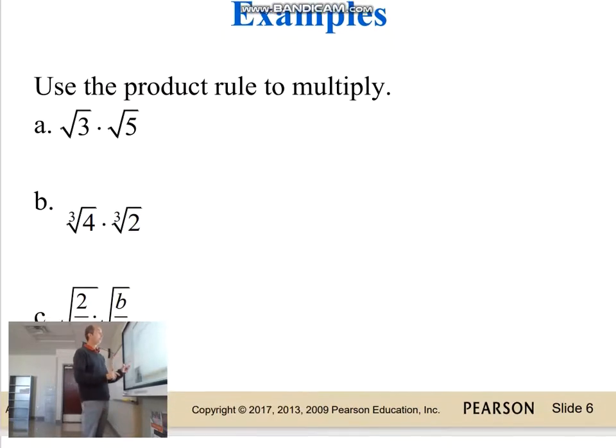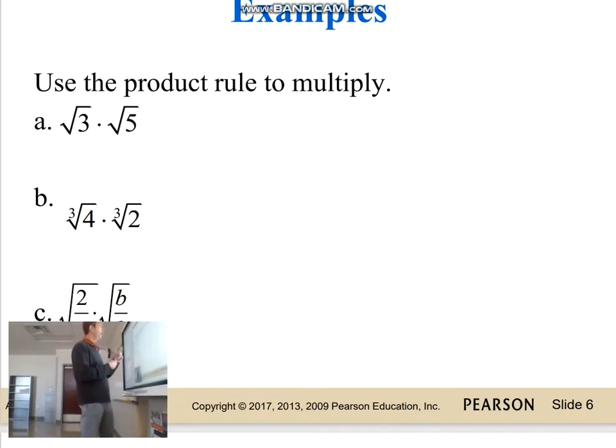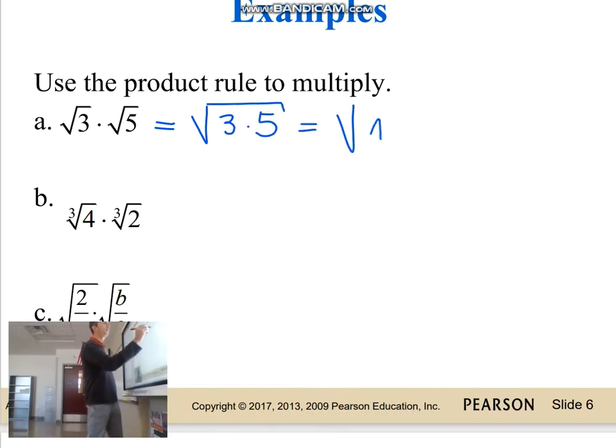A few examples. Letter A, the square root of 3 times the square root of 5, and we can write this as the square root of 3 times 5, which is equal to the square root of 15.